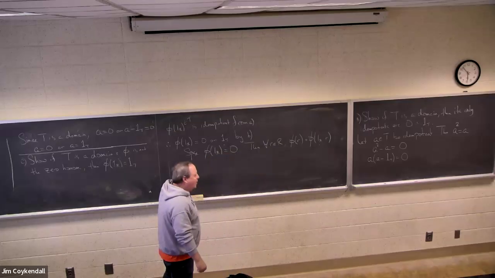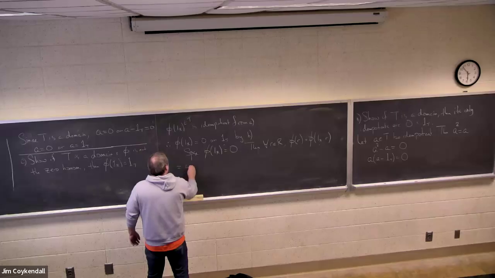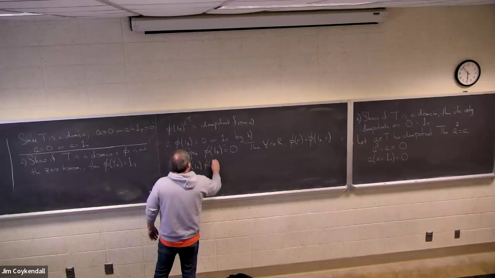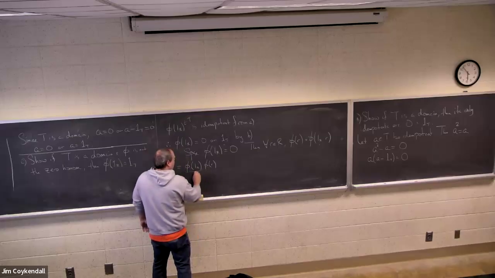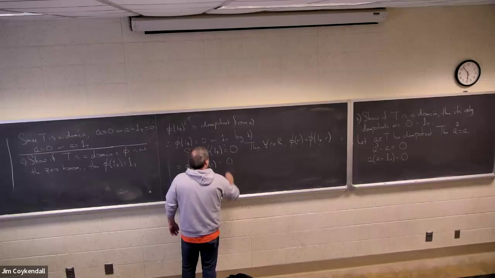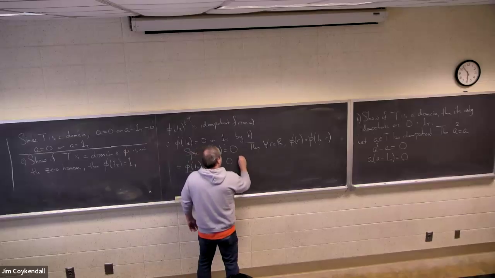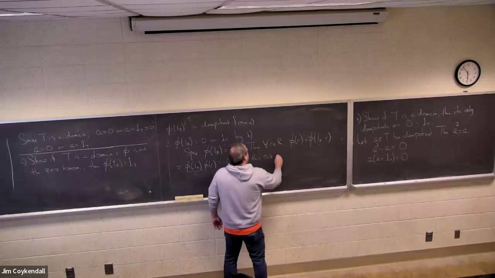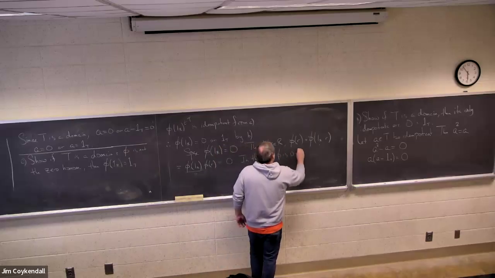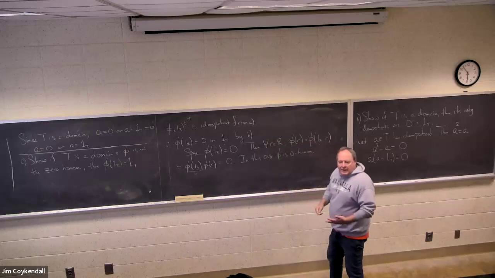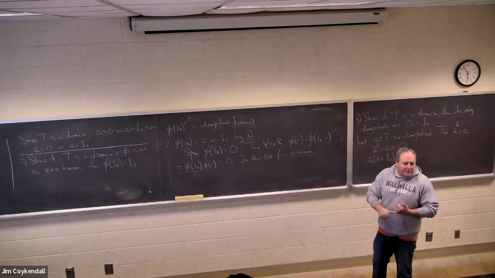But because this is a homomorphism, this is phi of 1_R times phi of r. And phi of 1_R is 0 by assumption. See? In this case, phi is the 0 homomorphism, because what we proved here is if you take the multiplicative identity to 0, you're forced to take everything to 0.